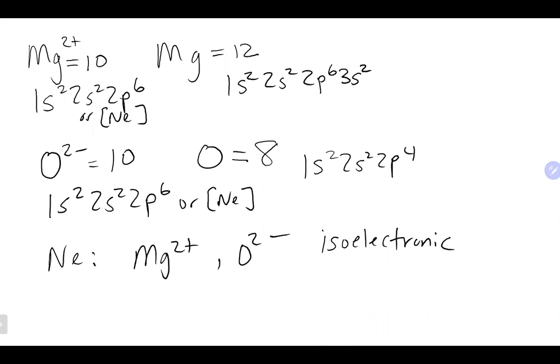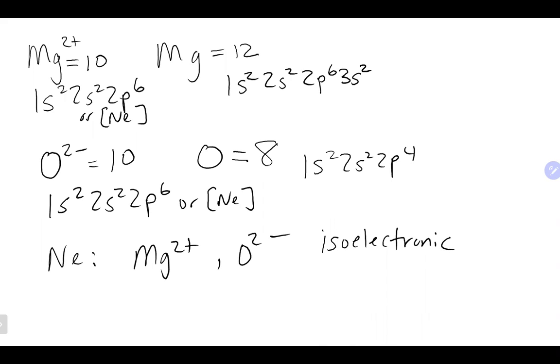Everybody wants to be like a noble gas because noble gases are incredibly stable, right? So that's kind of the goal of all bonding, is for everybody basically to end up not becoming the noble gases, so we're clear, but having the same number of electrons as a noble gas makes them really, really stable.